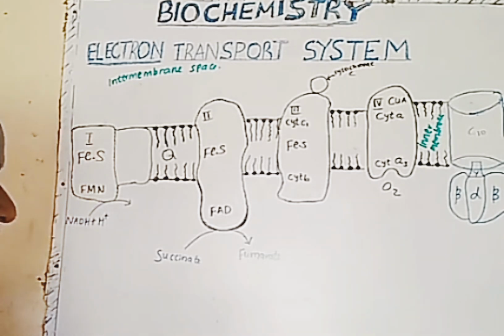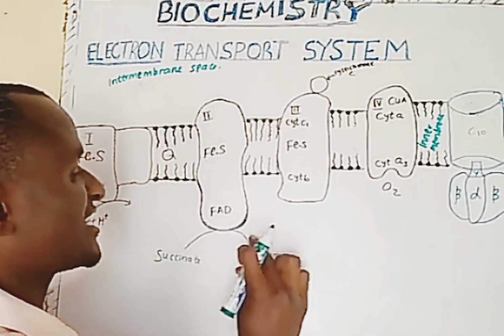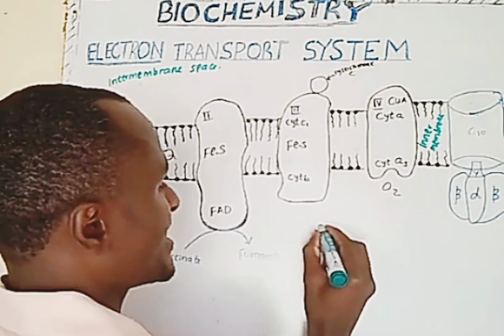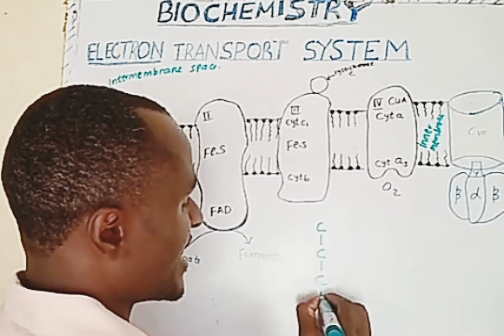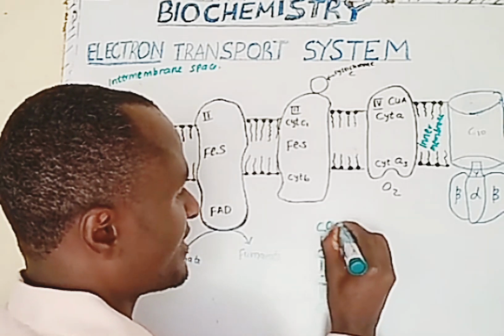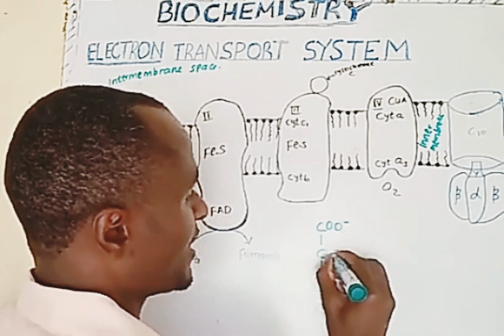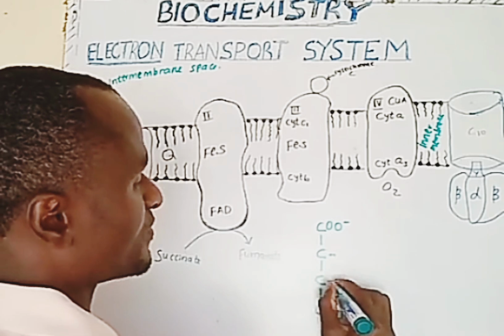In the TCA cycle, we meet this succinate dehydrogenase where it works on succinate and converts it into fumarate. Succinate is a 4-carbon dicarboxylic acid that is also symmetrical in shape. It has got the following group of atoms.